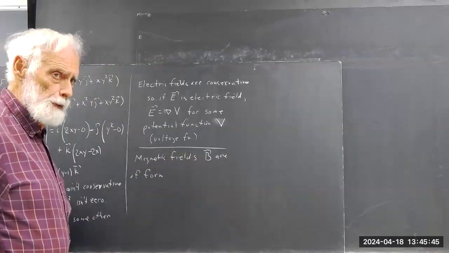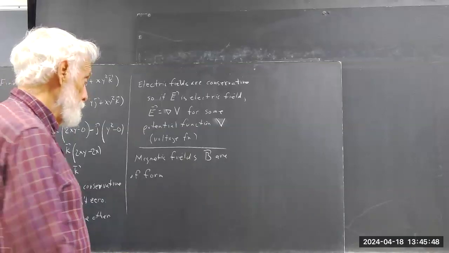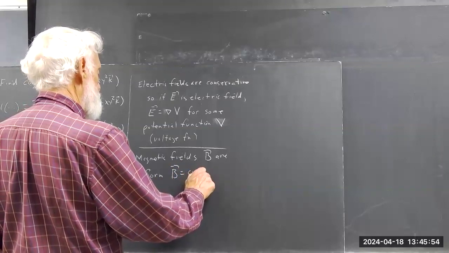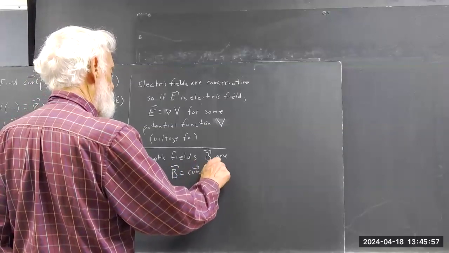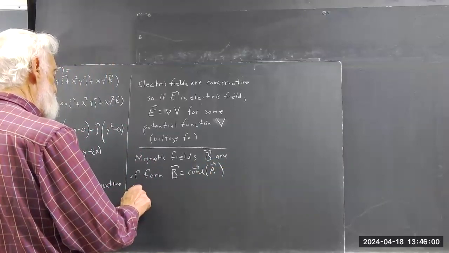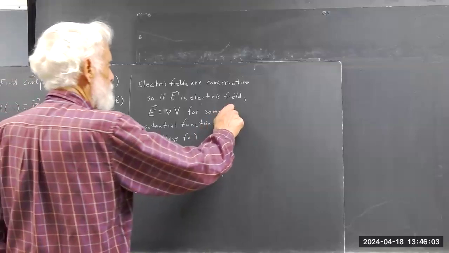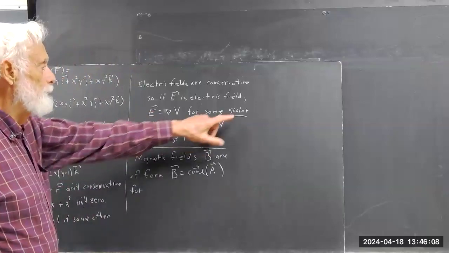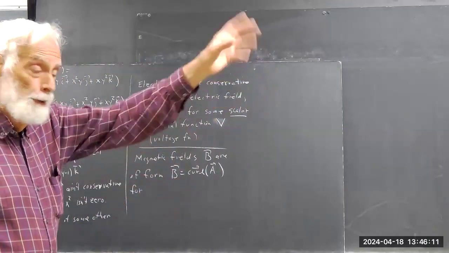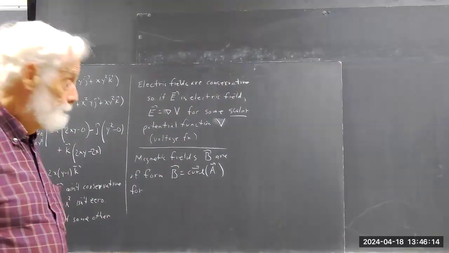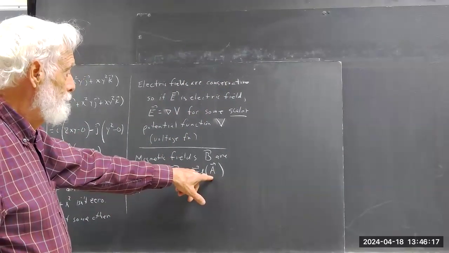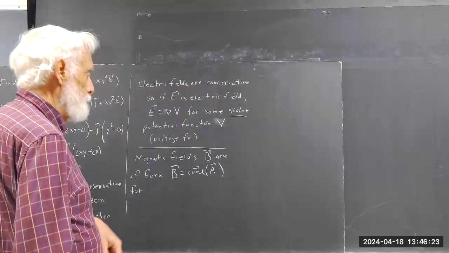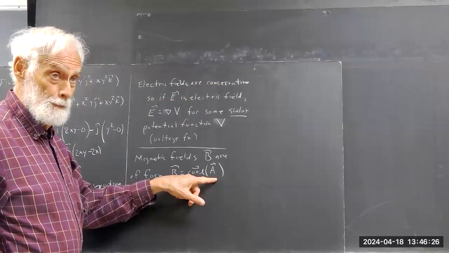Magnetic fields are generally represented by a vector function. V is a scalar potential, just some function that has a number for every point of space. A is a vector function, so what we call V a scalar potential, A is a vector potential.